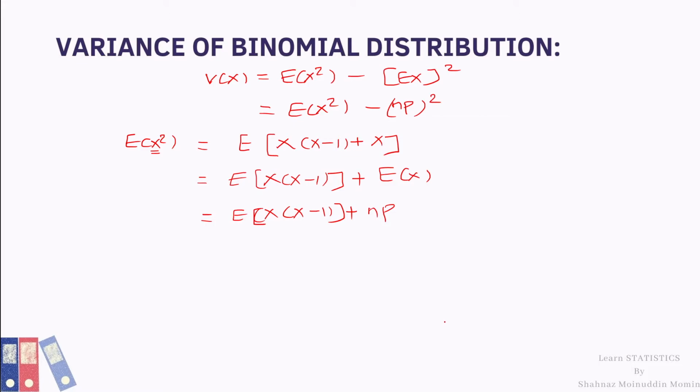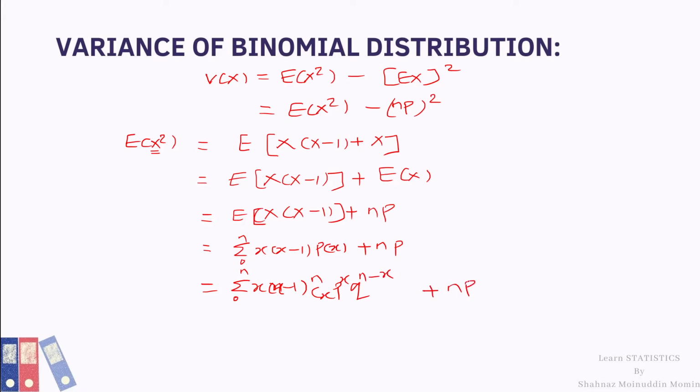Now we shall obtain the value of expectation of x into x minus 1. So it is summation from 0 to n of x into x minus 1 times p(x), plus n into p, which is x into x minus 1 times nCx p raised to x q raised to n minus x, plus n into p.